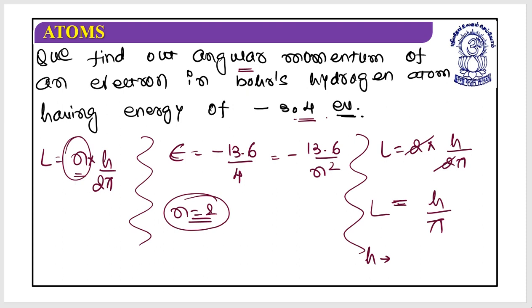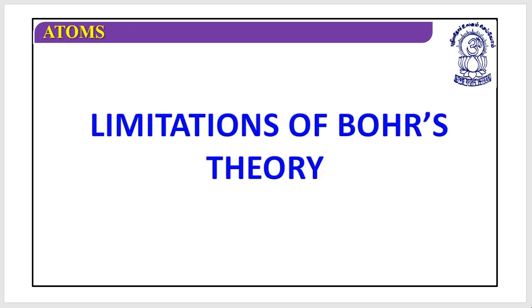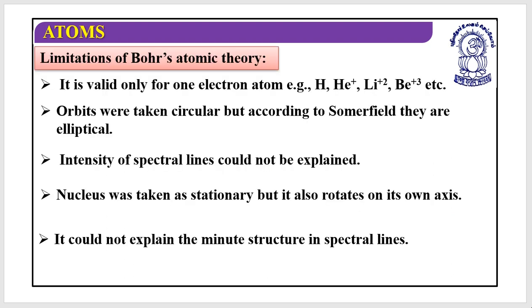Correct. Now let's look at certain limitations of Bohr's theory. It is valid only for one electron atoms, that means H or He plus or Li plus 2 or Be plus 3, etc. Next, orbits were taken circular, but according to Sommerfeld, these orbits are elliptical, as is the case of the planets too.